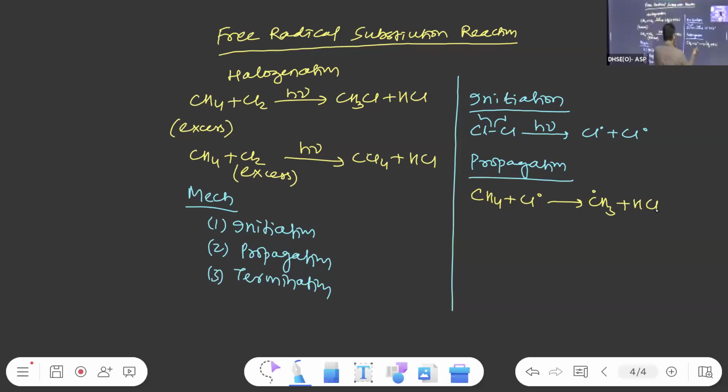Next, the carbon free radical that forms will react with halogen to form hydrogen halide along with halogen free radical. So it will be a chain reaction, continuing until all the hydrogen atoms are replaced by halogen.